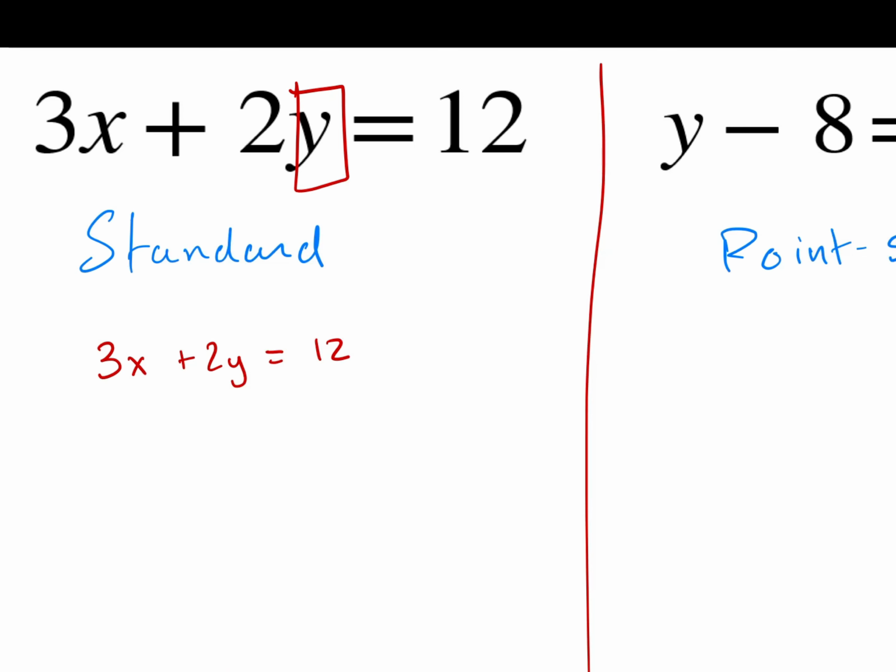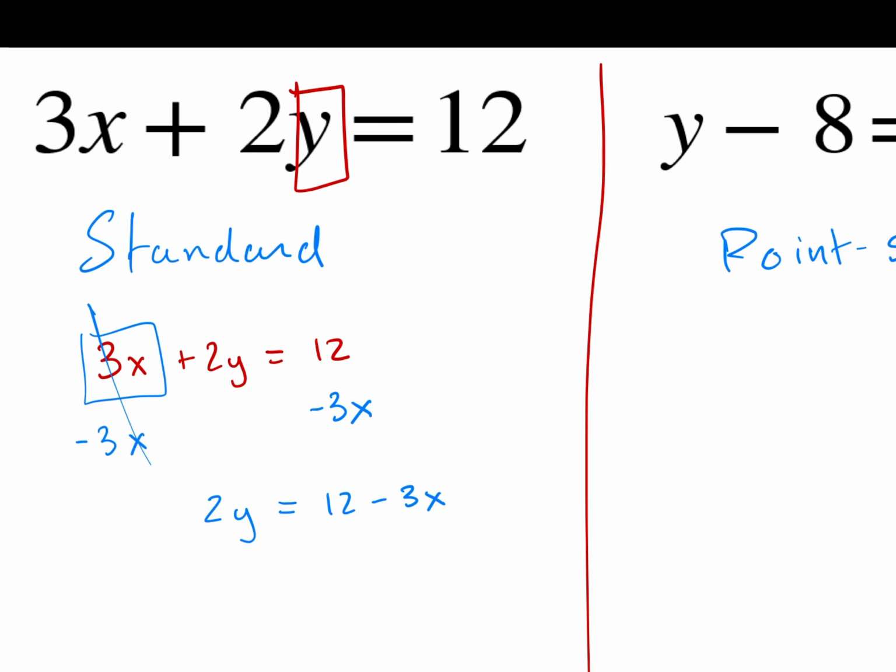So I generally start away from y. So I'm not going to touch the 2. I'm going to move this 3x. It's a positive 3x, so I do the opposite to both sides. So I have minus 3x, cancels, and I get 2y equals 12 minus 3x.